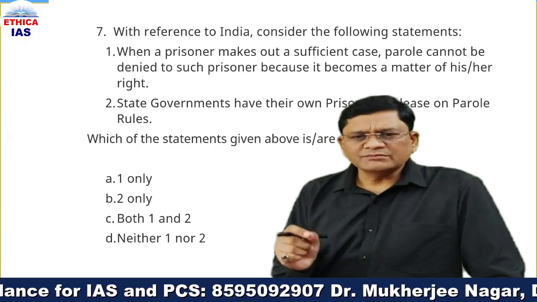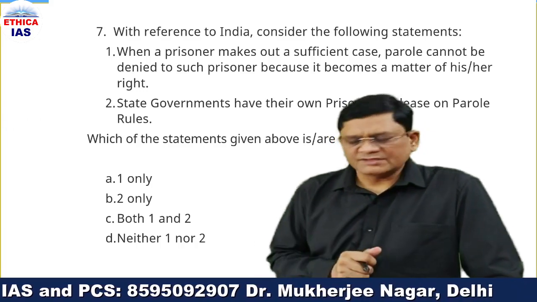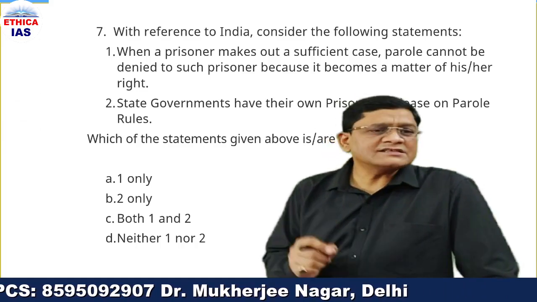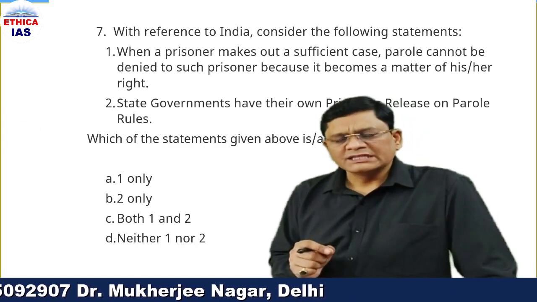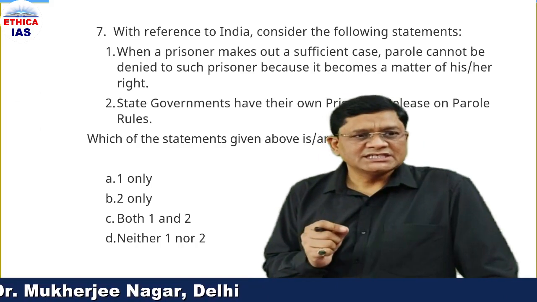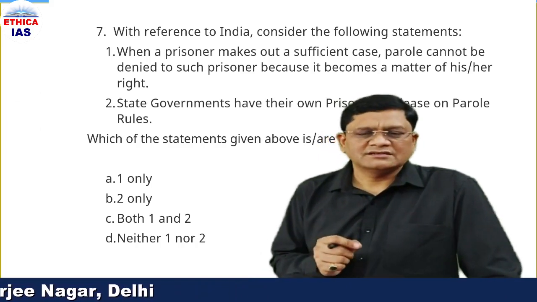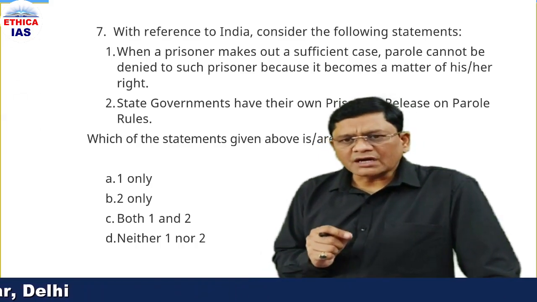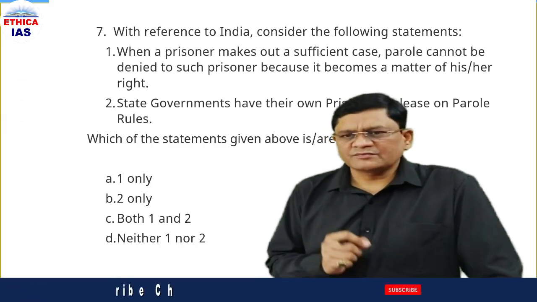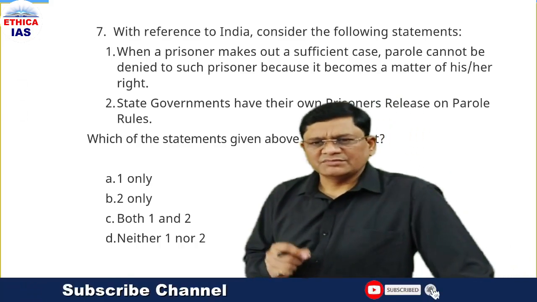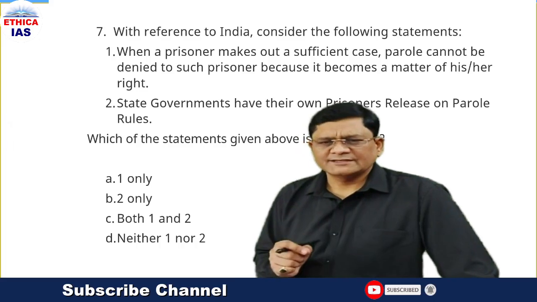So parole can be given to such a prisoner. But when he seeks parole, then it is his privilege. It is not his right. He cannot demand parole as a right because parole is not a right. Parole is only a privilege.